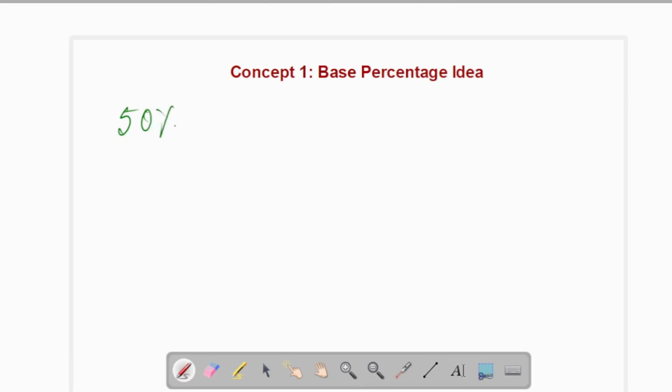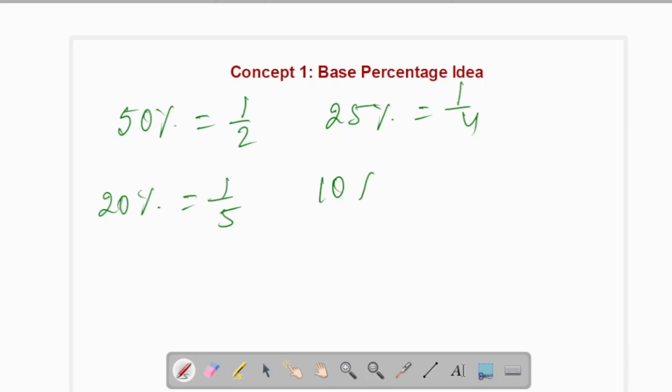So 50% is equal to half, 25% is equal to 1 by 4, 20% is equal to 1 by 5, 10% is equal to 1 by 10, and so on. If you can remember these fractions, then whenever a percentage problem comes, you can relate it to that fraction.